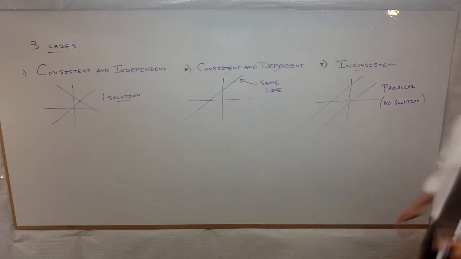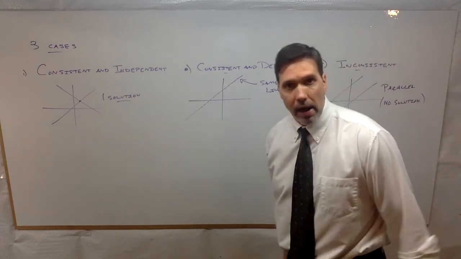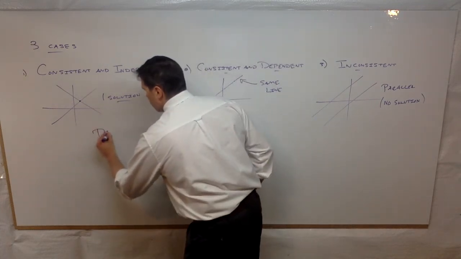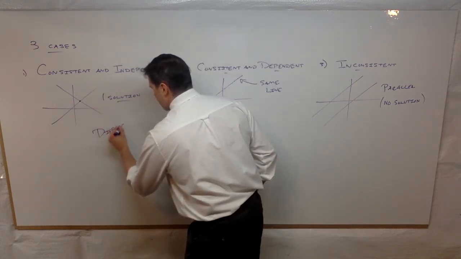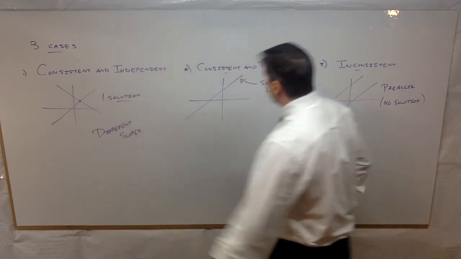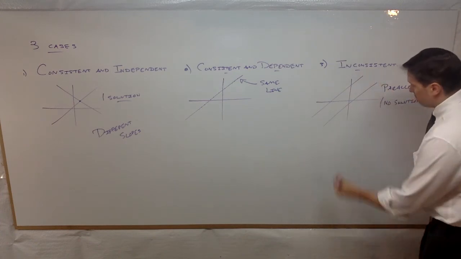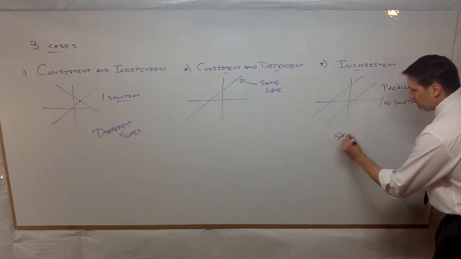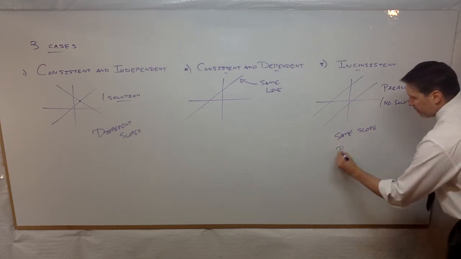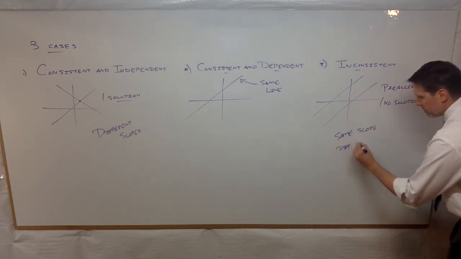So know these terms. Now, we can tell without graphing if we're going to have this. You have different slopes. You can tell when you have inconsistent, same slope, same slope, different y-intercepts, we'll say.